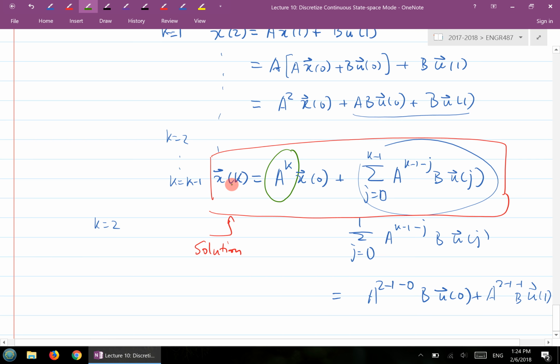It's completely based on this A to the power of k, this coefficient here, right? Especially if my input is always 0, then the second term is always 0, and the system response depends completely on the initial condition, or in other words, completely on this A to the power of k.